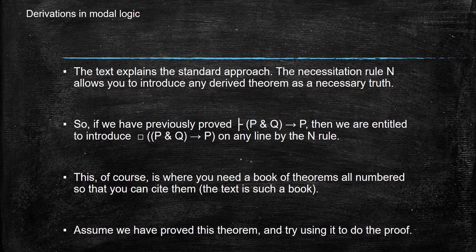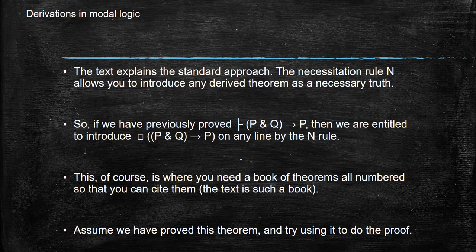The necessitation rule allows you to introduce any derived theorem as a necessary truth. So if we have previously proved something like if P and Q then P as a theorem, then we're entitled to introduce necessarily if P and Q then P on any line by the N rule.